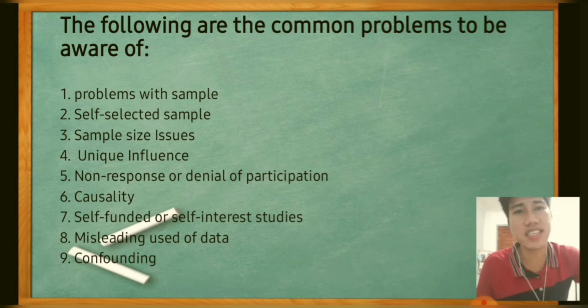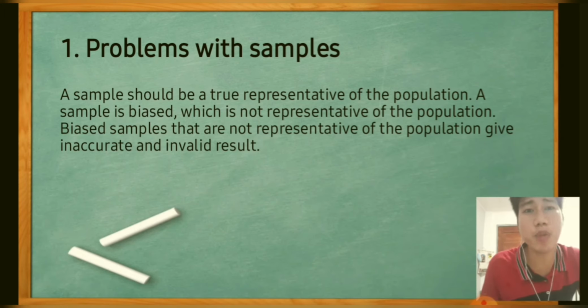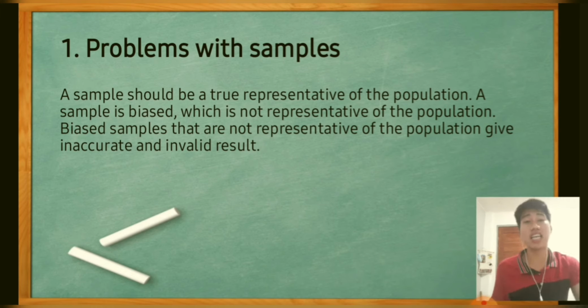So first is problems with samples. A sample should be a true representative of the population. A biased sample is not representative of the population. Biased samples that are not representative of the population give inaccurate or invalid results.